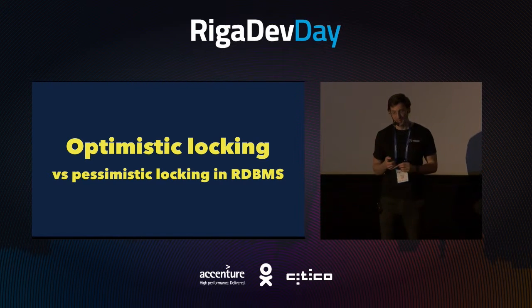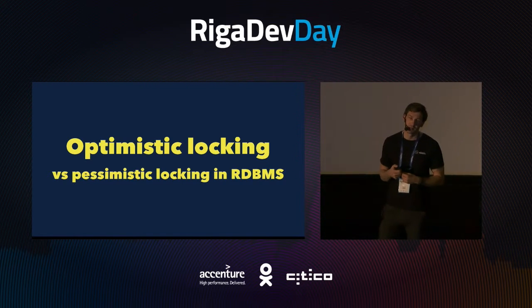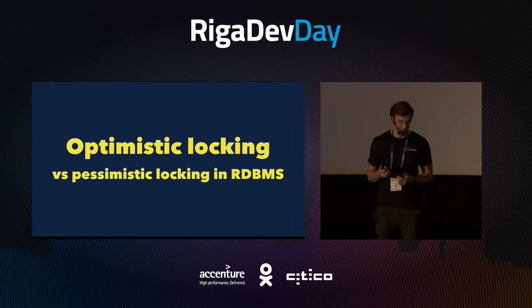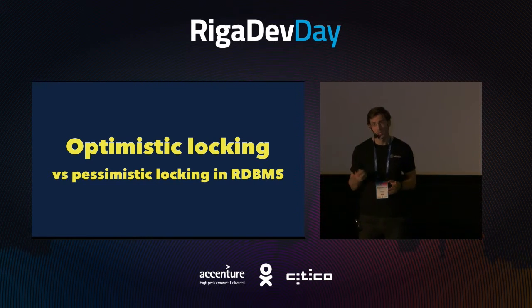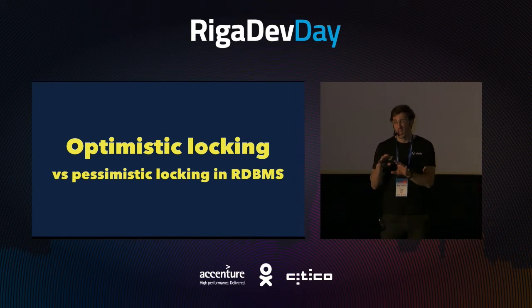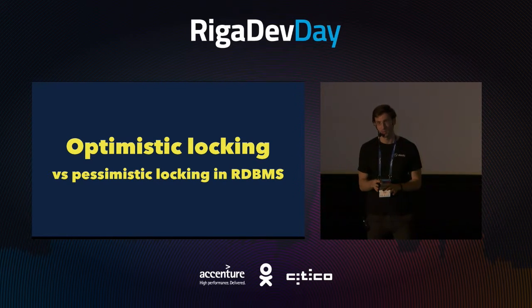One thing that's pretty nice about MongoDB, depending on your point of view, is that in relational databases you have pessimistic locking. The pessimistic approach is always like, I assume something will go wrong, so whatever data I'm currently changing, I will lock. So whenever somebody else is trying to access it, they will run into that lock and their operation will fail or will be blocked.